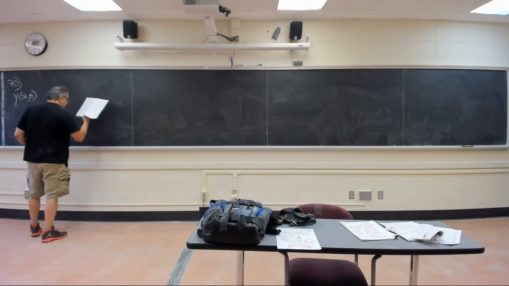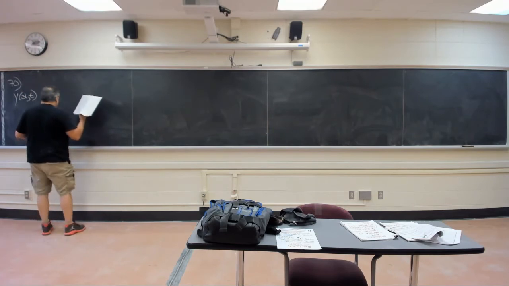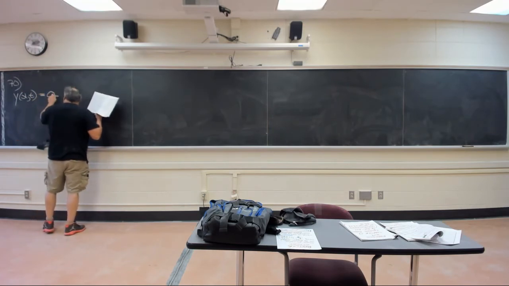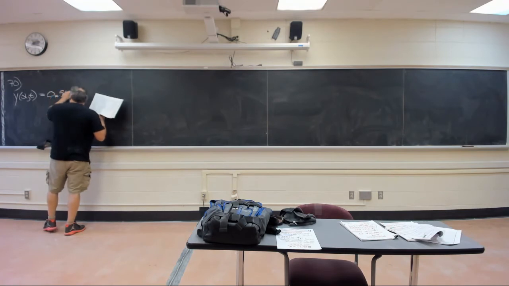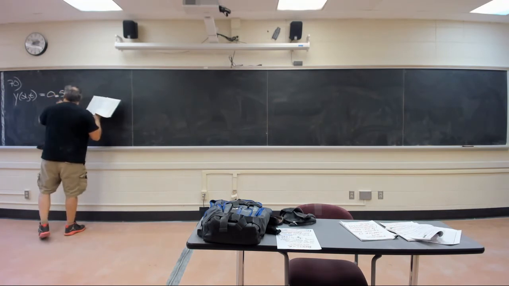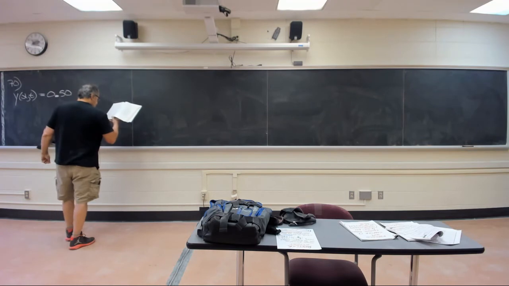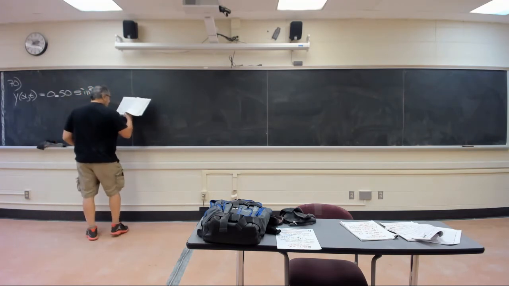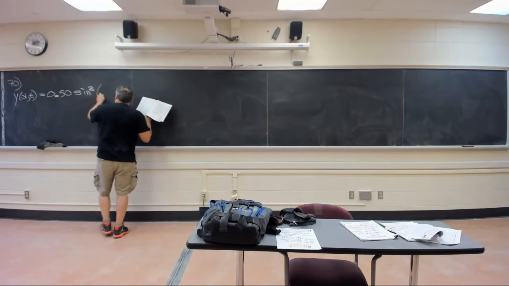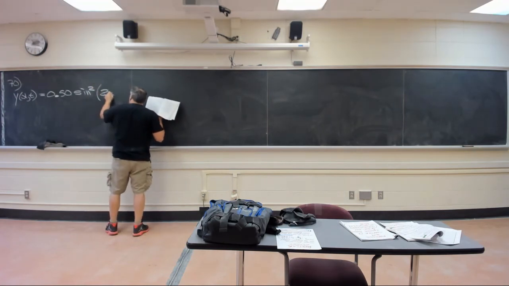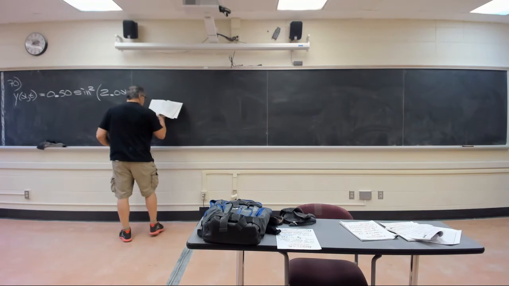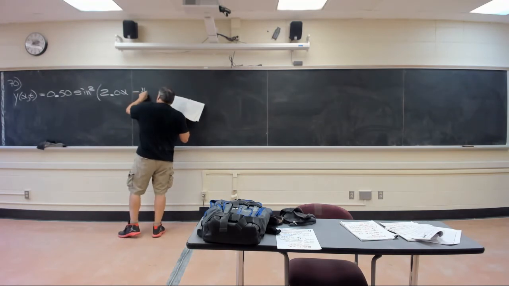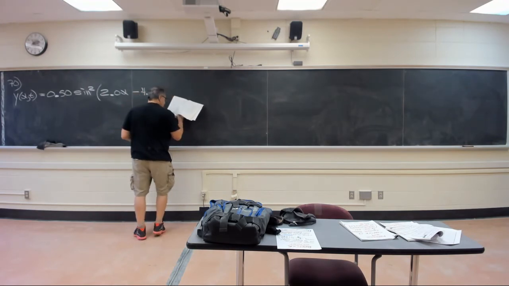y of x comma t is equal to 0.50 sine squared of (2.0x minus 4.0t).